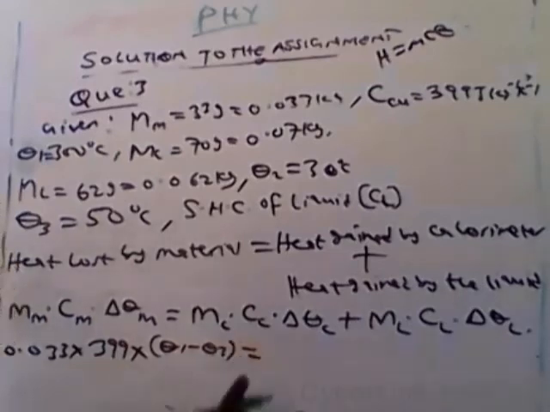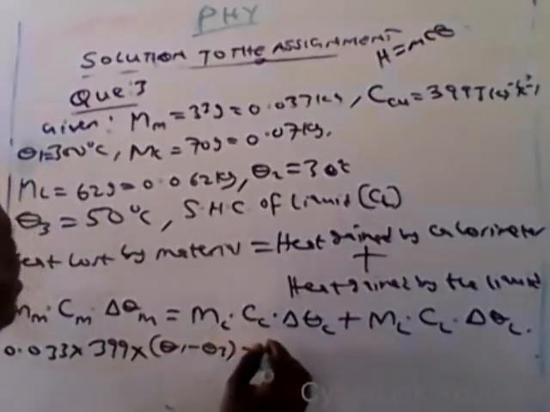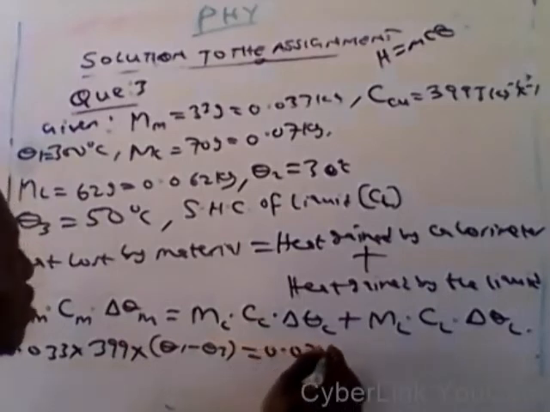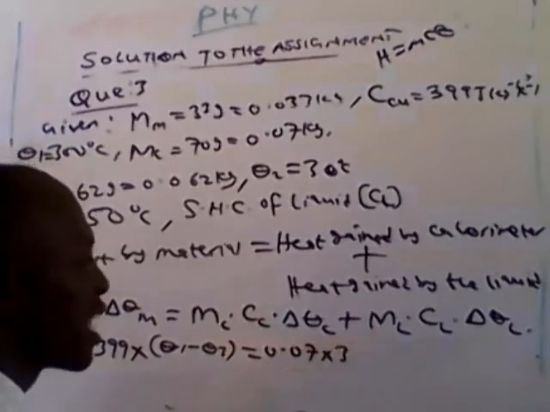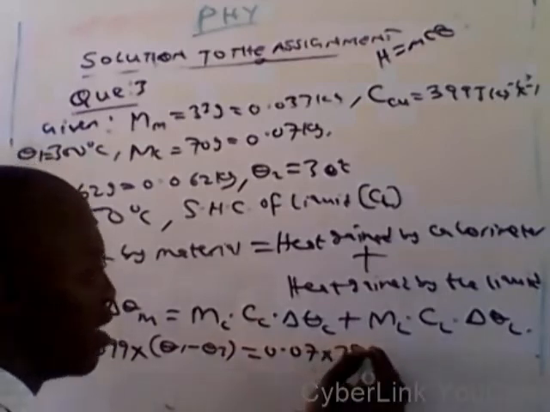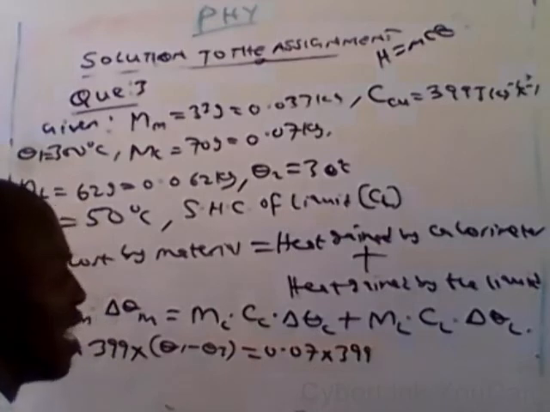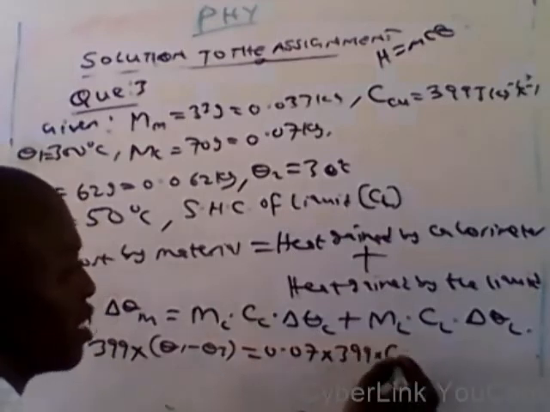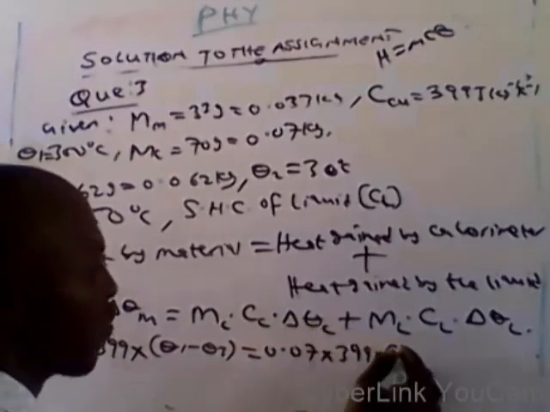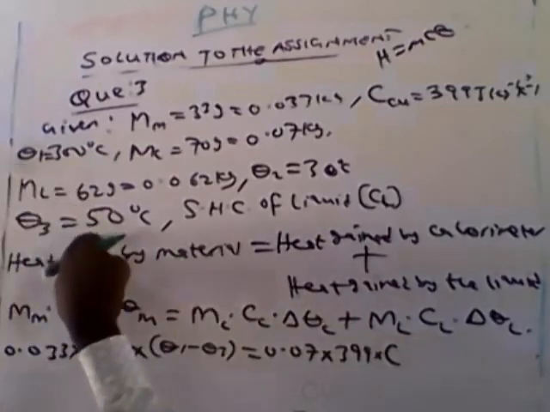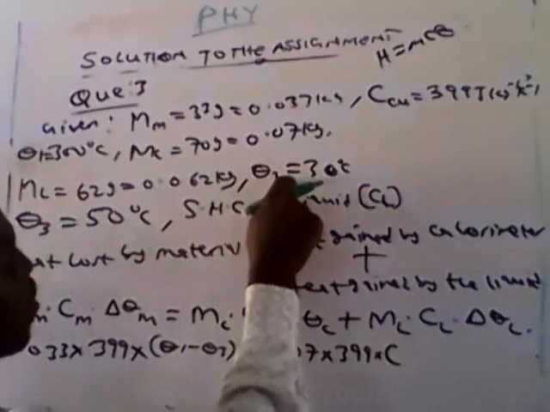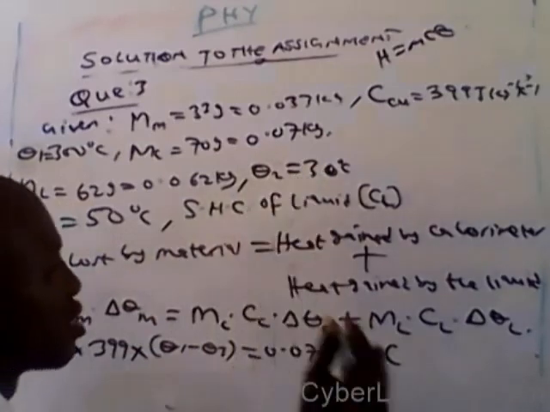equal to mass of calorimeter, which is 0.07, times specific capacity of calorimeter. Because that calorimeter is copper, I use 399 as well, times change in temperature of copper. Change in temperature of copper will be the final theta 3 minus initial temperature of calorimeter and liquid theta 2.